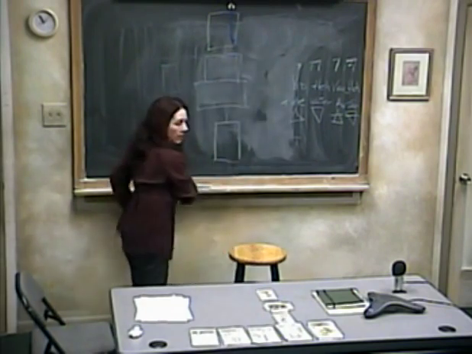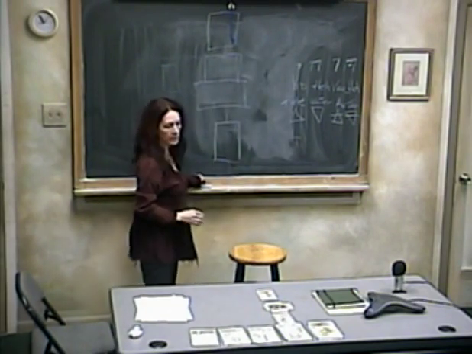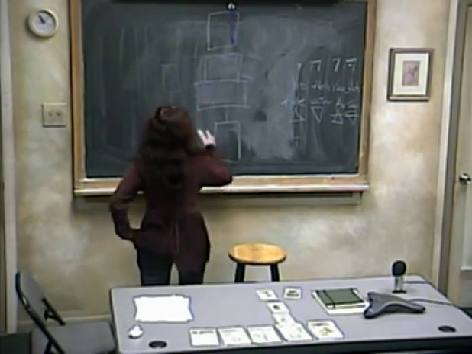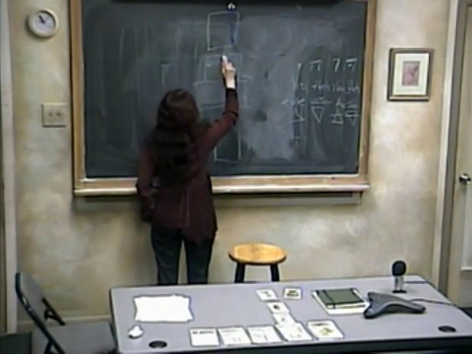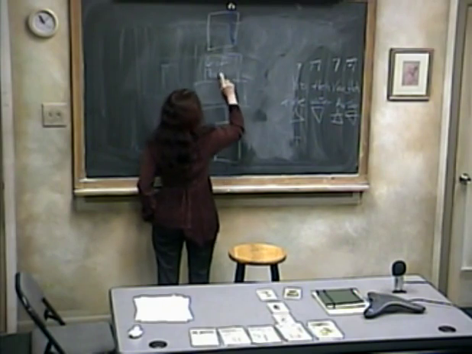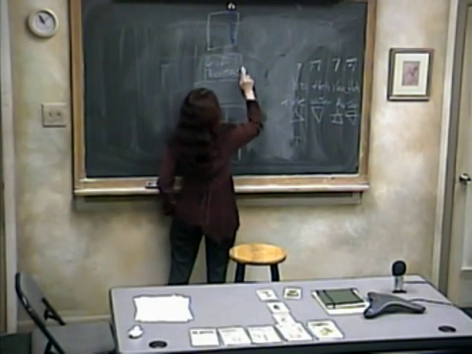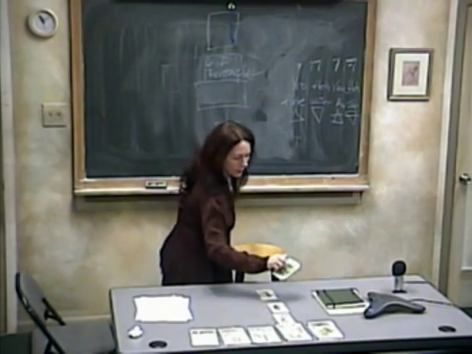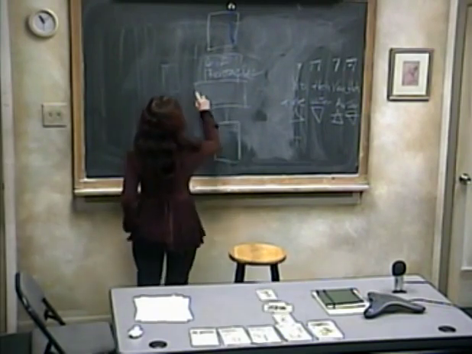All right, so card number 1 is the 6 of Pentacles. Our obstacle card, card number 2, King of Pentacles.